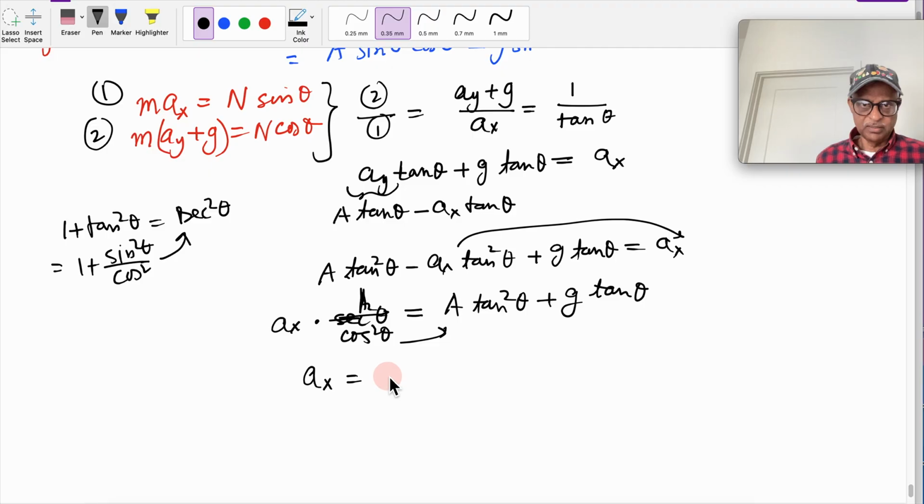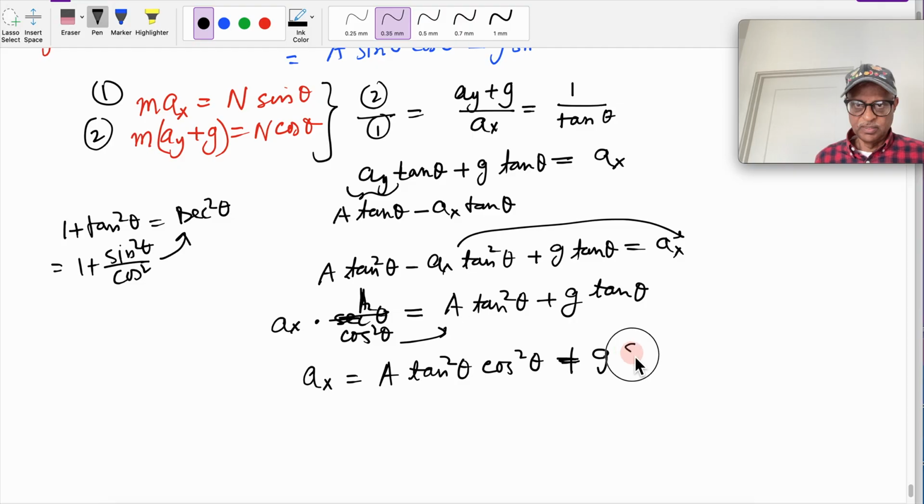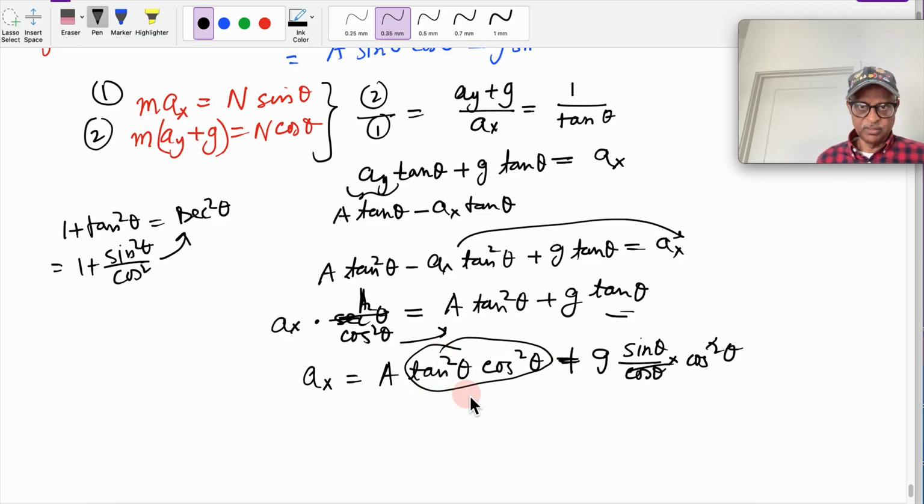That gives me AX equals A tangent square theta cosine square theta plus G sine theta over cosine theta times cosine square theta, and this will just become A sine square theta plus G sine theta cosine theta.